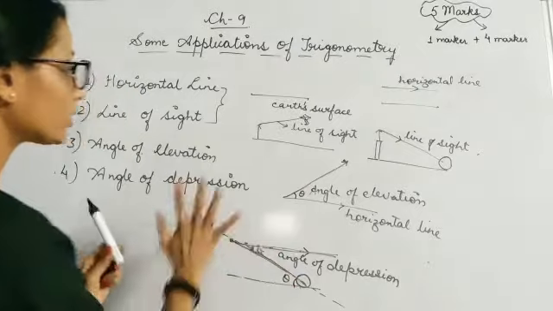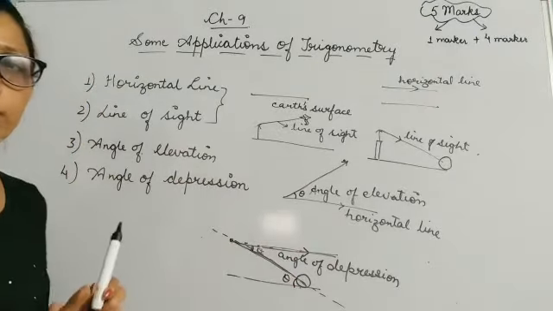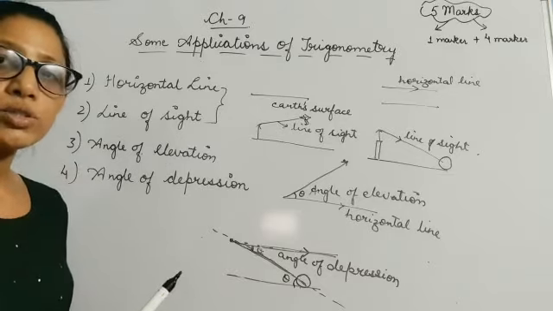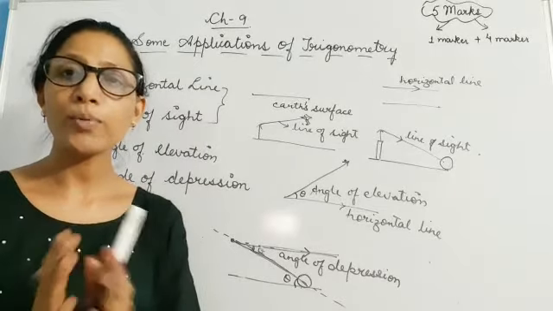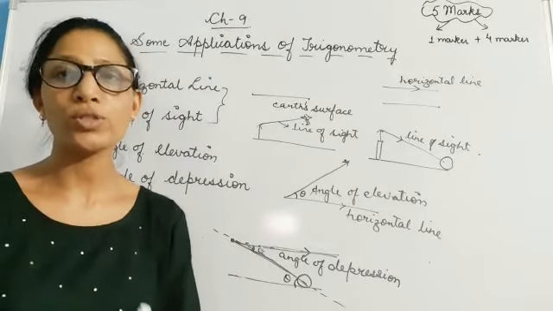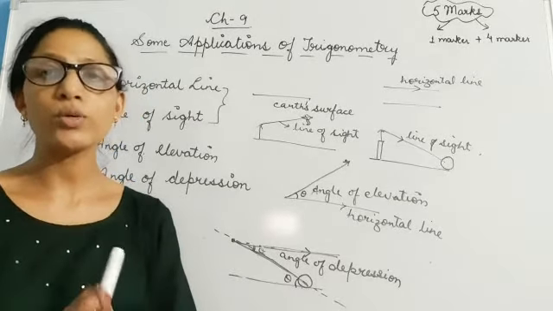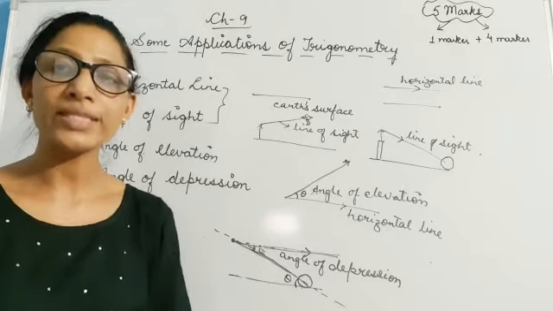So this is the concept of this chapter, and if you know all these four terminologies, then you will be able to attack all the questions of this chapter. Now let's discuss the important trick of doing the questions of this chapter. Children, whenever you are attempting the questions of this chapter, you need to always make a right angle triangle.